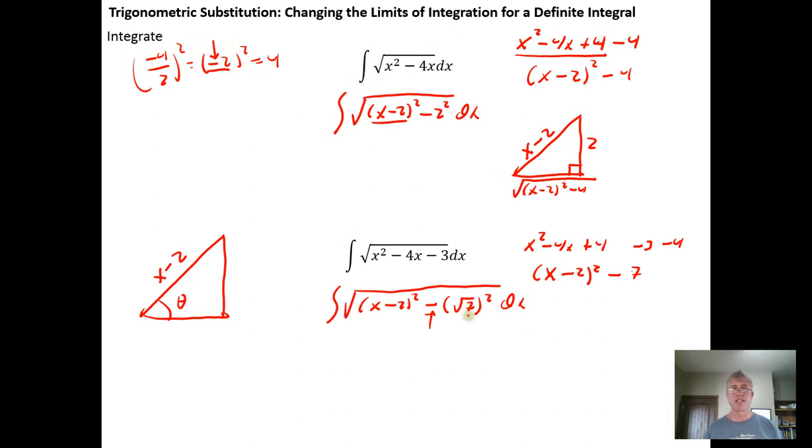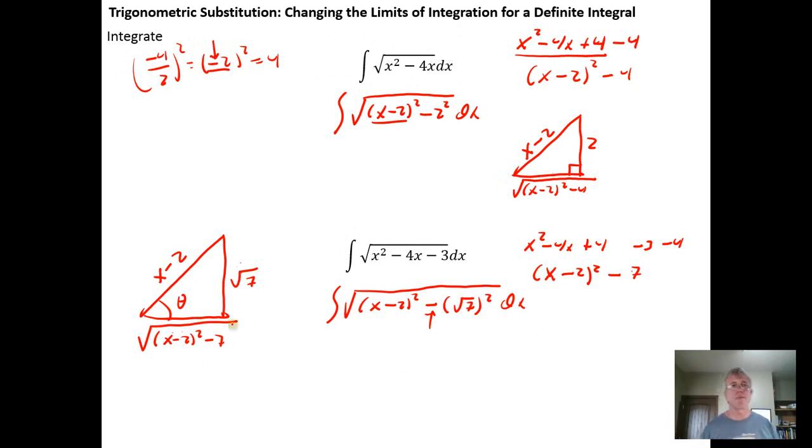One of the side lengths is square root of 7. I can put square root of 7 here or here. It doesn't matter. And the other leg will be the square root of the x minus 2 quantity squared minus the 7.